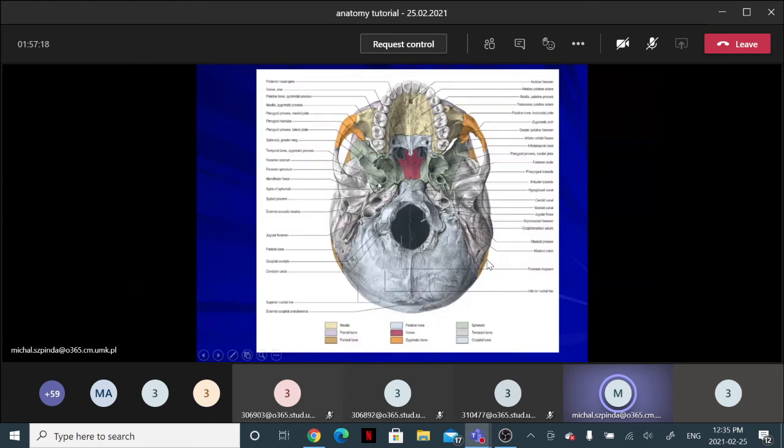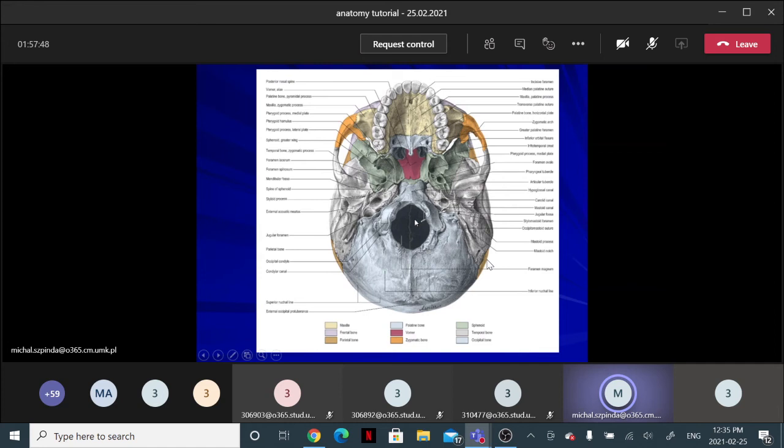Both refer to the greater wing. Apart from this, the greater wing has one more foramen that's called the foramen rotundum, but it's invisible from the inferior perspective. It's visible while viewing superiorly from above.